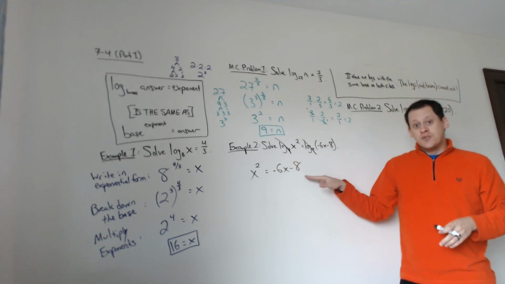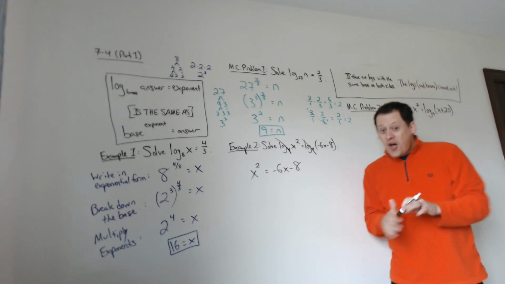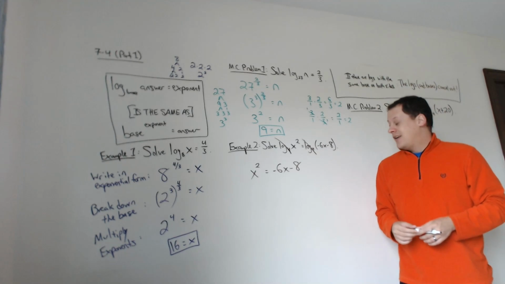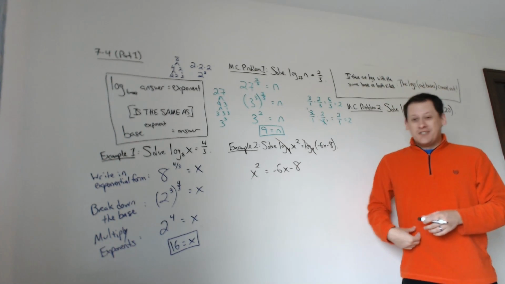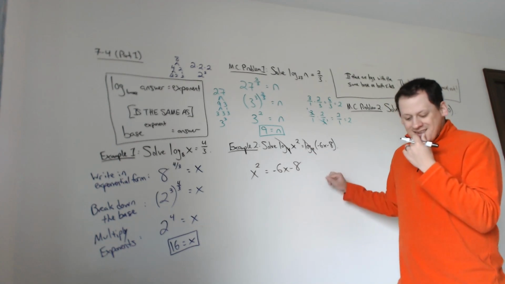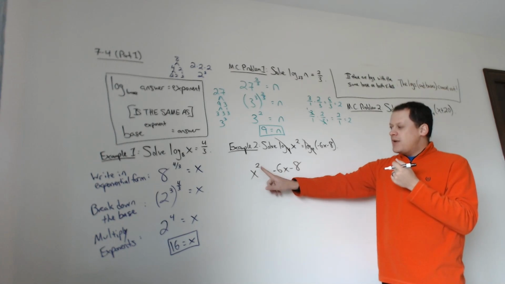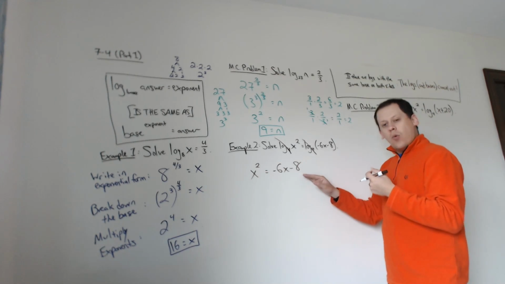Now all you need to do is solve this. It's not a log problem anymore. The logs are gone. But it's still not a particularly easy problem to solve because we've got that x squared in there. Since we have this x squared, this is going to be a quadratic.